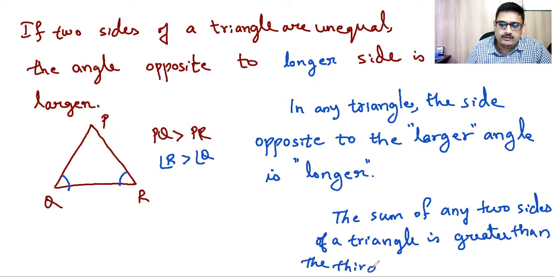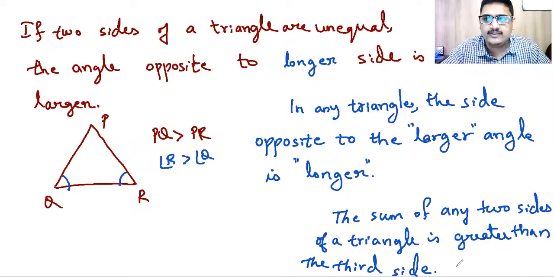This is obvious, by logic and by visualization. Even if I just close my eyes and think, it is true. A triangle has three sides, so if I add the lengths of two sides, the sum must be greater than the third side.